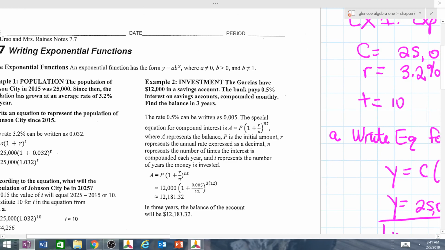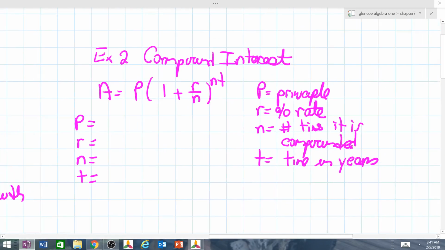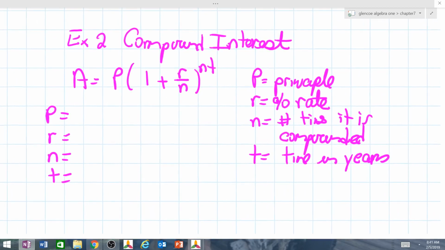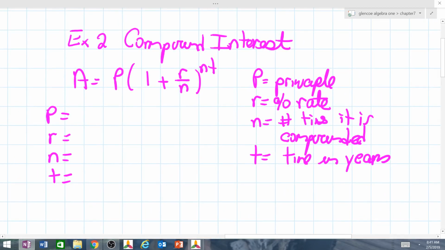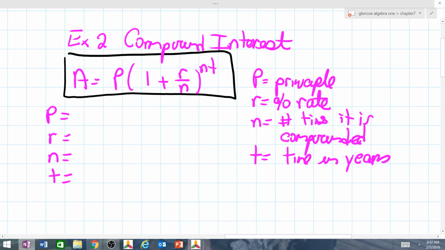Now, I know you spent some time on this last year in Mrs. Rain's class, and this is the compound interest formula. So we're going to look at example 2 in your notes. I'm going to work it for you from top to bottom. The compound interest formula is A equals P times the quantity 1 plus R over N to the power of N times T. P is the principal, or the amount that you're investing.